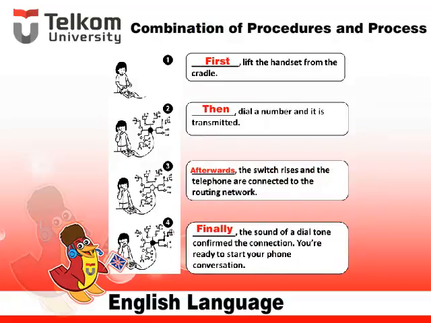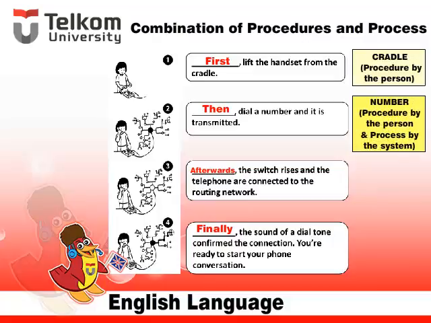This is an example of procedure with the inclusion of process. You notice here that in the first step, first, lift the handset from the cradle. It is a procedure. In the second step, then, dial a number and it is transmitted. There are combinations of procedure and process.